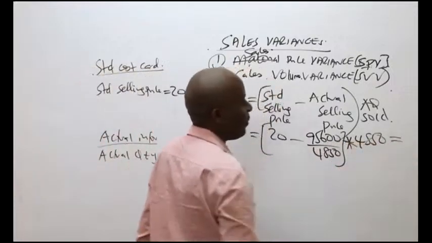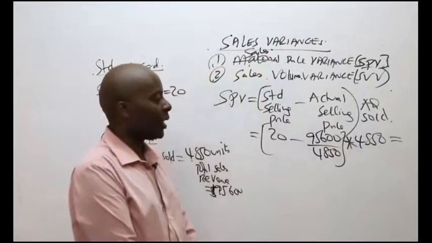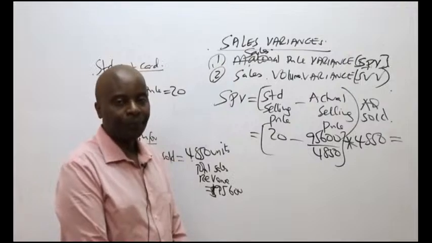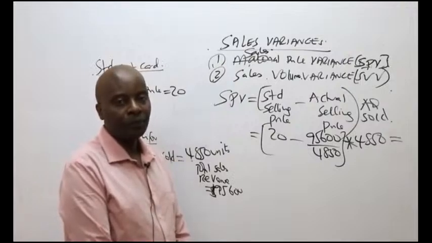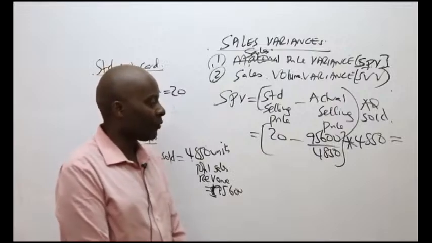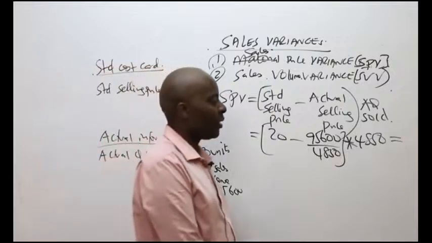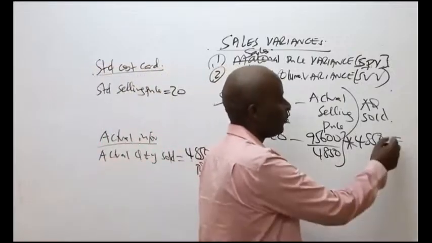So kindly give me an answer here. You have 20 minus 95,600 divided by 4850 times 4850. What figure do we have?